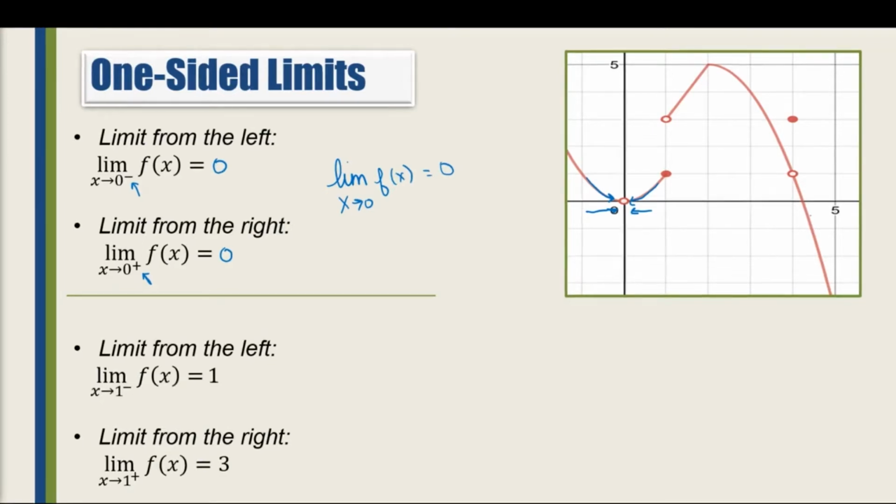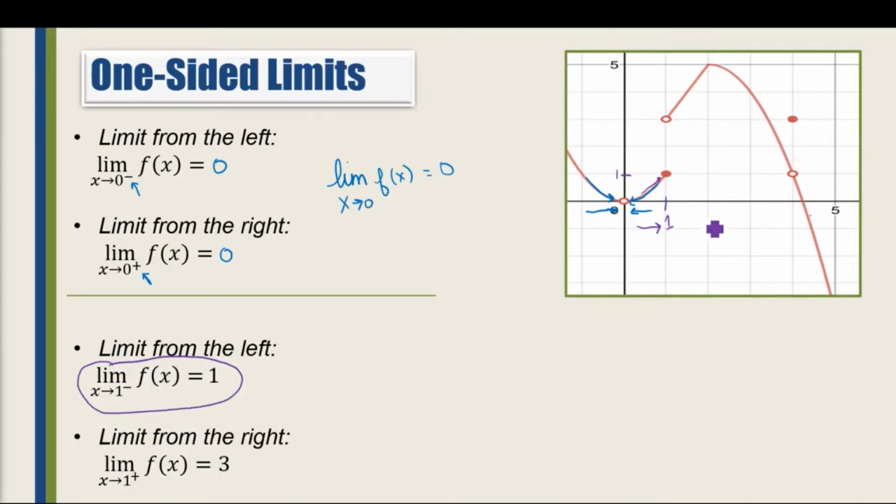And so if we look at what's going on when x is 1, you can see that as you get close to 1 from the left, or from the negative direction, your function value gets really, really close to 1 as well. So we have the limit as x approaches 1 from the left of f of x is equal to 1.